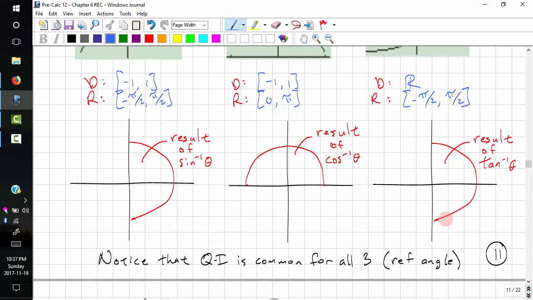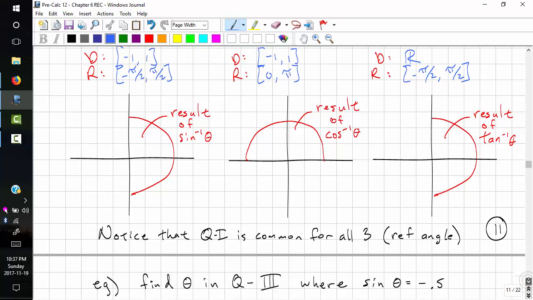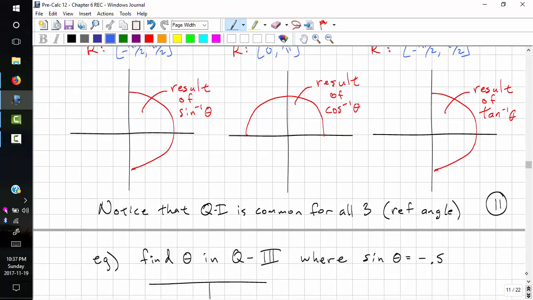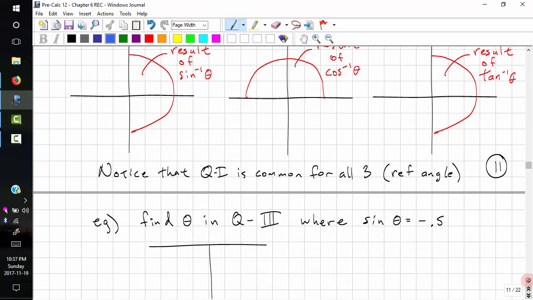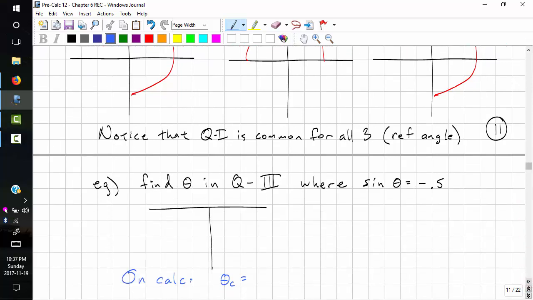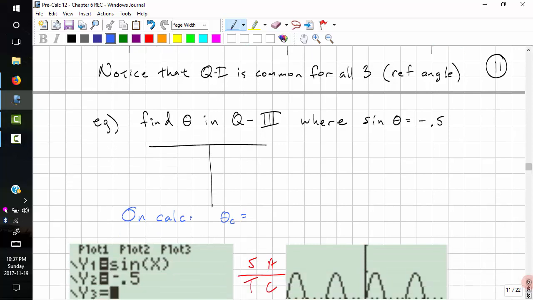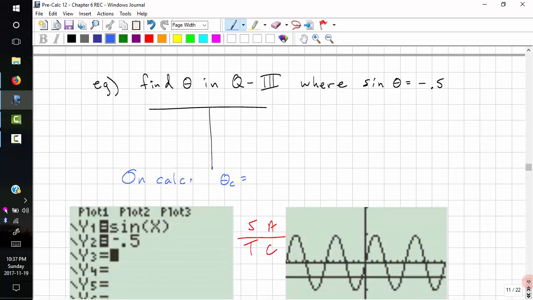Okay, so its answer is similar to sine. And again, we want to note quadrant 1 is common for all three, and that's again for our reference angle. And if you always just do the reference angle, I think you'll have an easier time to solve problems.